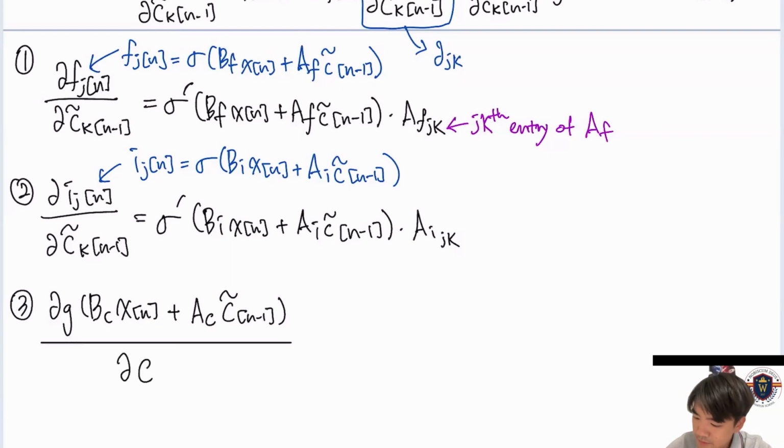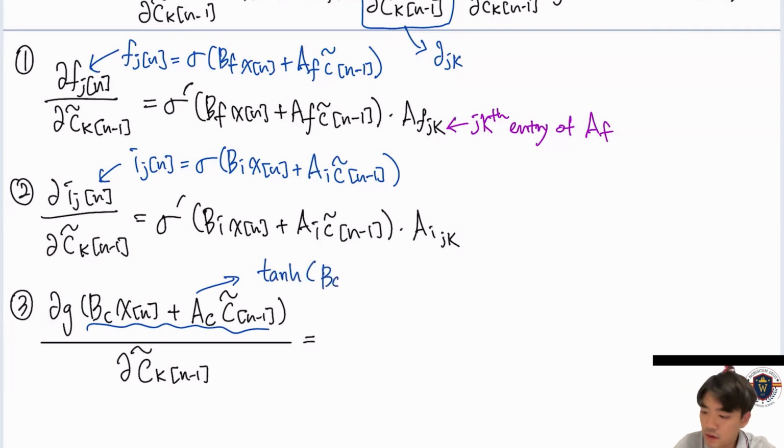Now the last step is to calculate G, the activation function itself, with B C, the current state Xn, plus A C C tilde n minus 1, with respect to this candidate function C tilde K n minus 1.